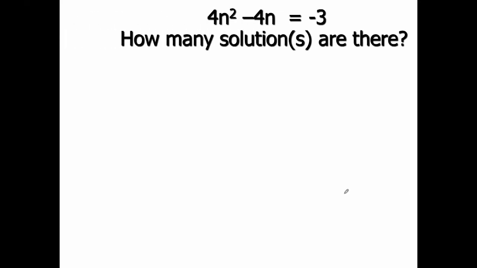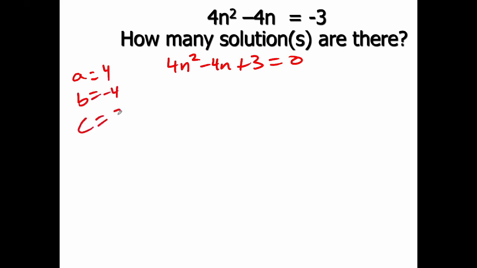Okay, here we go again. 4n squared minus 4n plus 3 equals 0. Some people want to change those n's to x's, and that's just fine. A is 4, b is negative 4, c is 3.